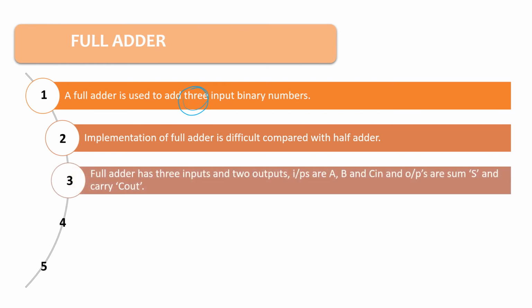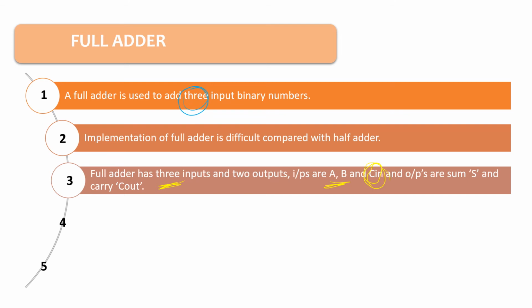The next point is that a full adder has 3 inputs and 2 outputs. Inputs are A, B and C in, and outputs are sum and carry. So we know that in the full adder we have 3 inputs. What are the inputs? A, B we know, but what is C in? C in means the carry generated during the last operation.